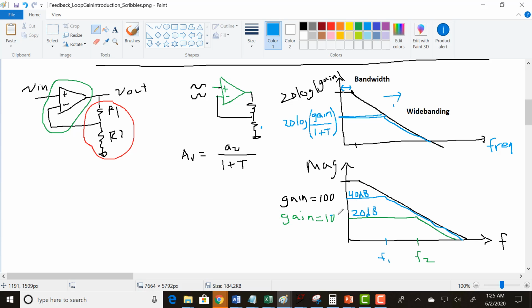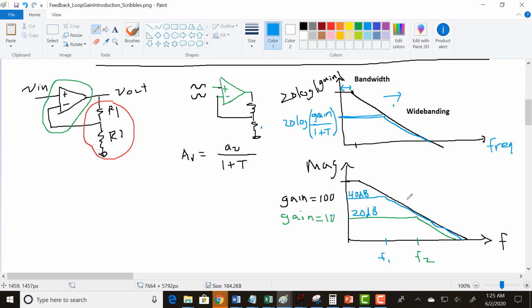So I've dropped by a factor of 10, basically a decade. I've dropped the gain by a decade, and you notice that the dB goes from 40 dB to 20 dB.